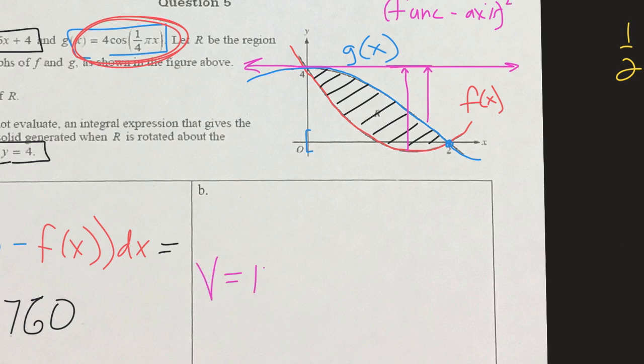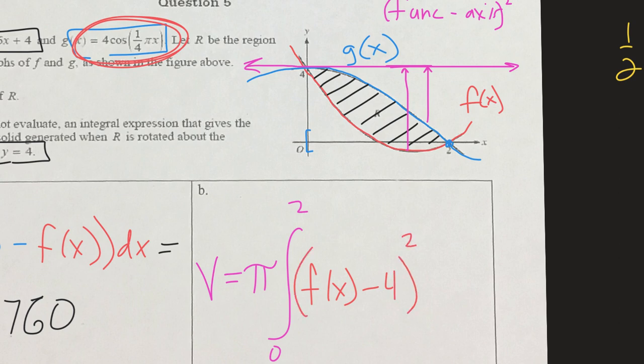So volume is pi times the integral from 0 to 2 of your farther function, which is your f function, so f of x minus 4, which is your axis, squared, minus your closer function, which is the g this time, minus 4 squared dx.